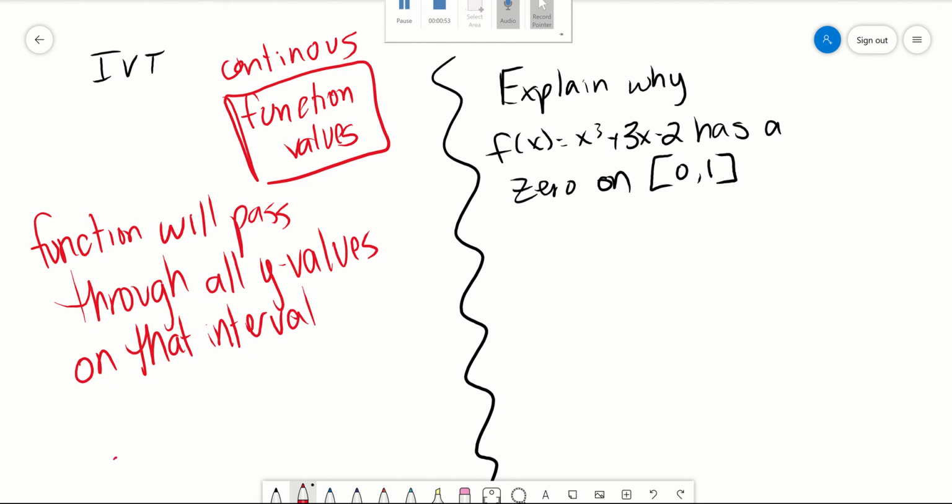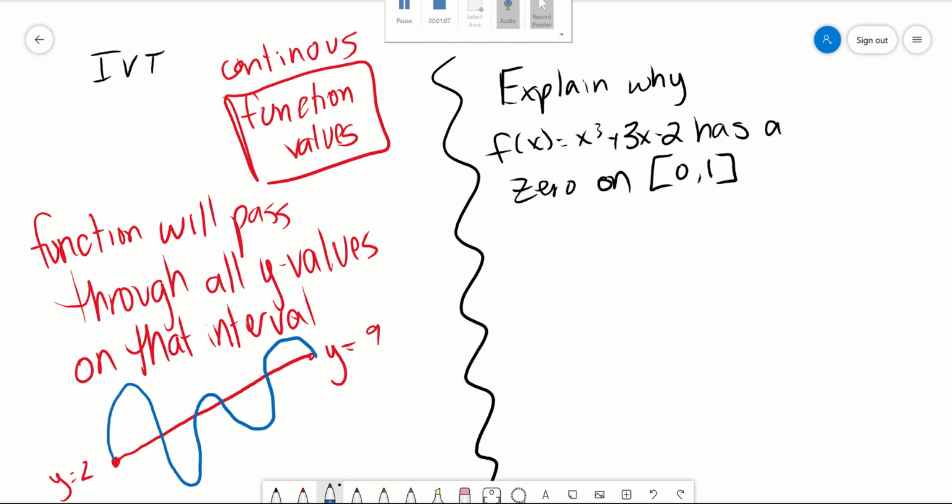So let's say you know at one endpoint that the y value is 2, at the other endpoint the y value is 9. If it's a continuous function, whether it is a line or some sort of curve, whatever the case may be, it will go through every y value from 2 to 9. There's no way, if it's a continuous function, it's just going to skip through that.